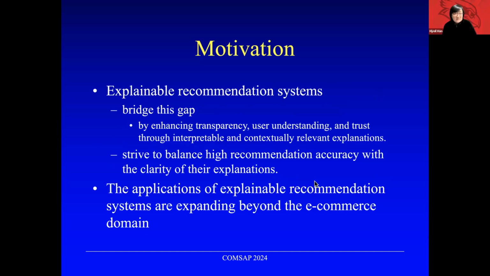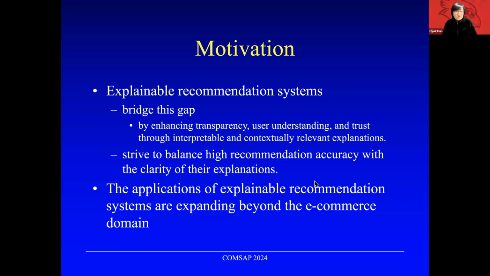Explainable recommendation systems bridge the gap between recommendation without the explanation and recommendation with the explanation. By providing explanations along with the recommendations, we can increase transparency, user understanding, and trust through understandable explanations.